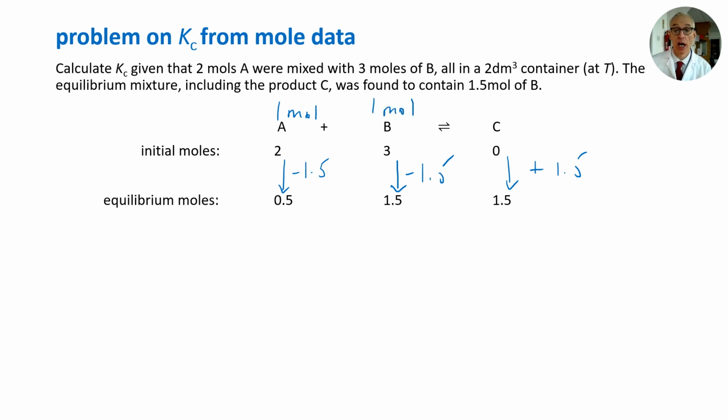So those are our equilibrium numbers of moles, but what else do we need to do? We need to convert those into concentrations, which we're going to achieve by dividing by 2. Divide the numbers of moles by 2 because, as in my previous example, the container is 2 decimeters cubed in volume.